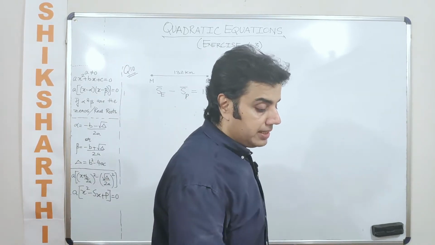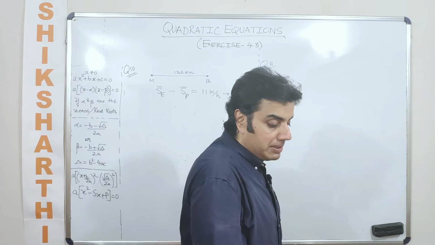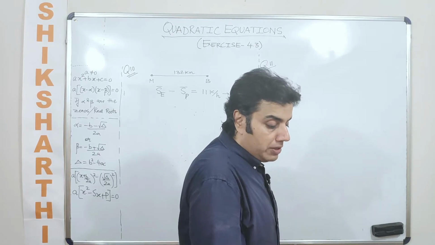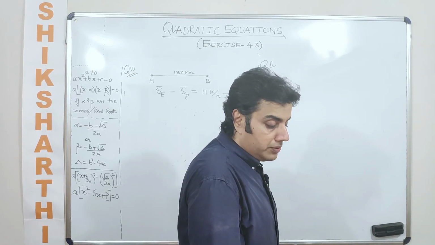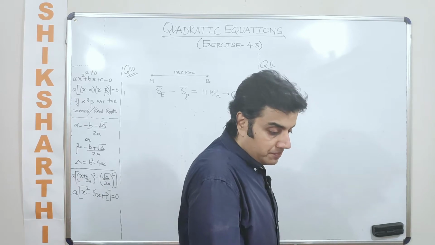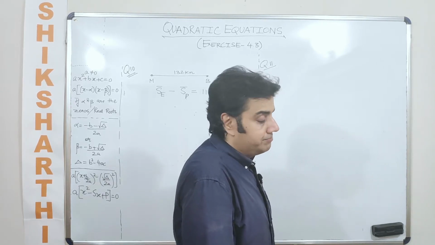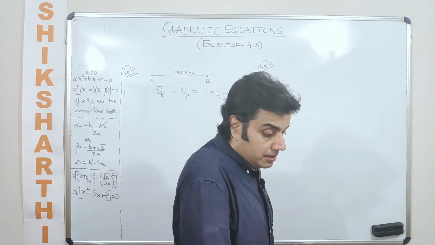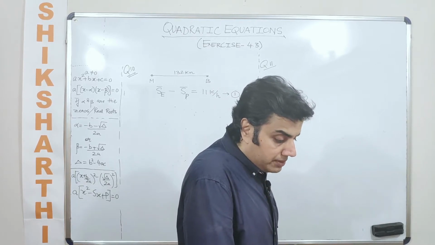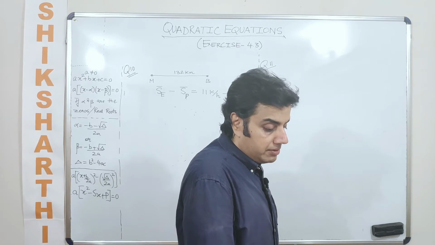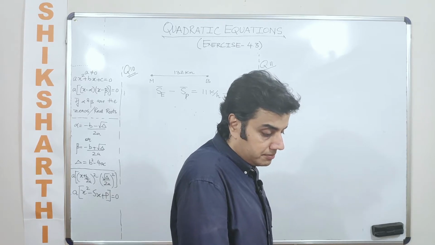Further, the express train takes 1 hour less than the passenger train to travel 132 kilometers. Okay, so what do we understand by this? What are we supposed to find out? We are supposed to find out the average speeds of the trains.